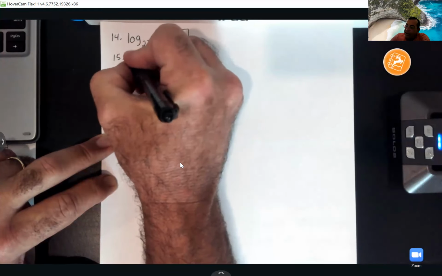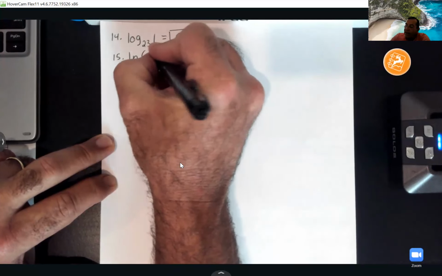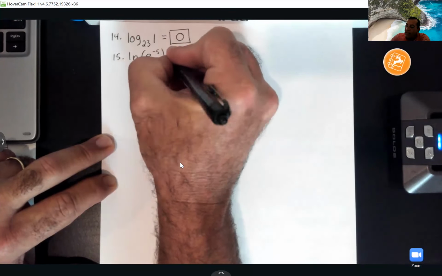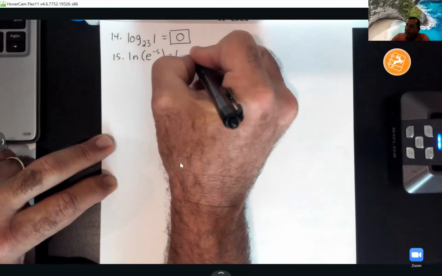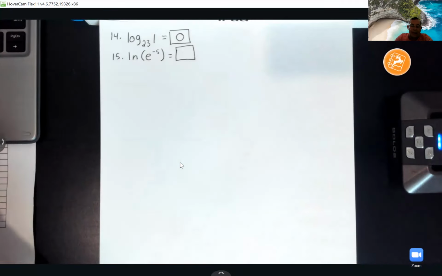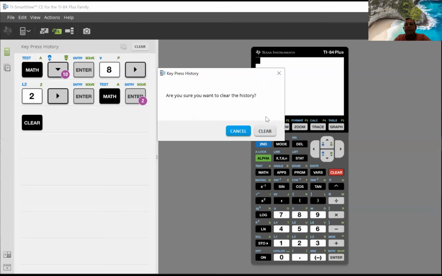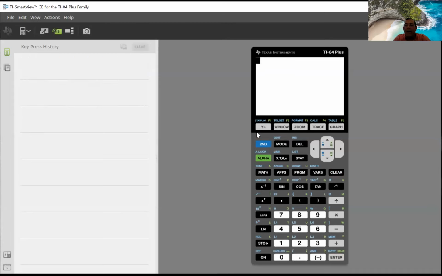Now, y'all try this. ln of e to the negative 5th. All right, we got the ln key on the front of our calculator. So I'm going to go punch this in on the calculator, although we know what that's going to be. So let me clear all this out. ln is on the left side of the 4. So hit ln.